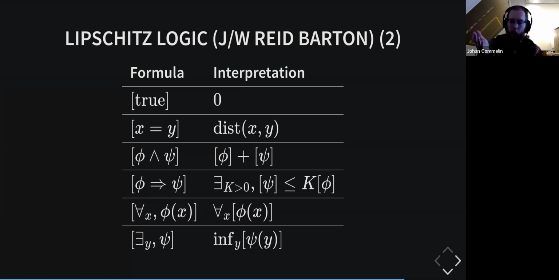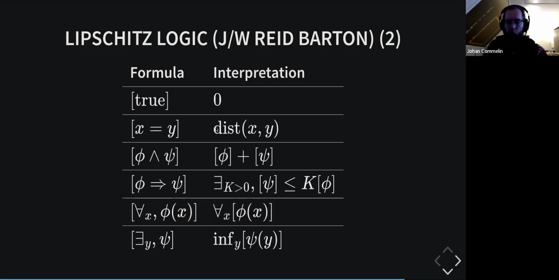Whenever x equals y, so the diagonal in x cross x, then the distance is 0. And so that's exactly where x equals y is very true. Just away from the diagonal, x equals y is a little bit false, mostly true. And so the distance between x and y takes a small value. And if you move farther away from the diagonal, the distance will increase. And so the falsitude of this formula also increases.